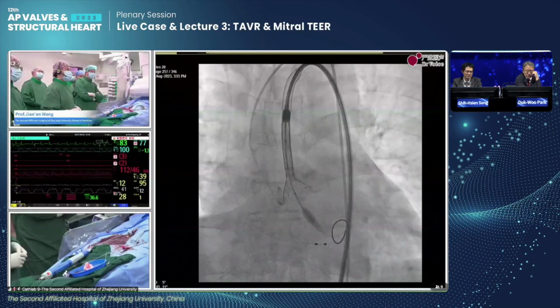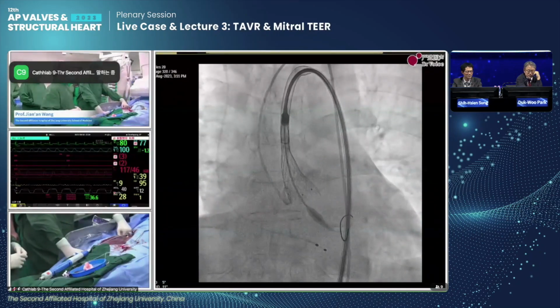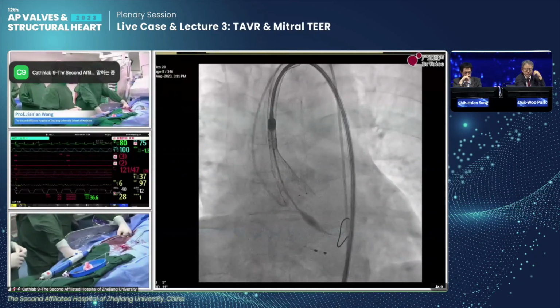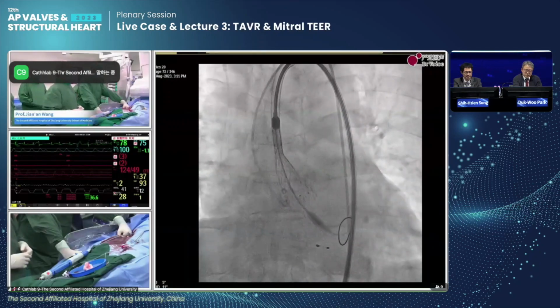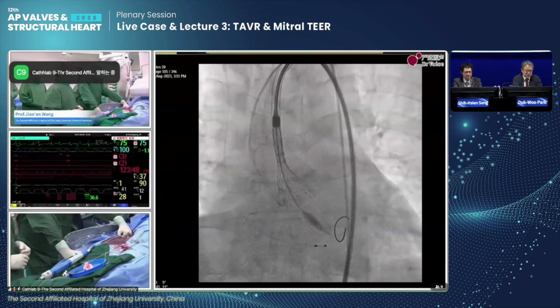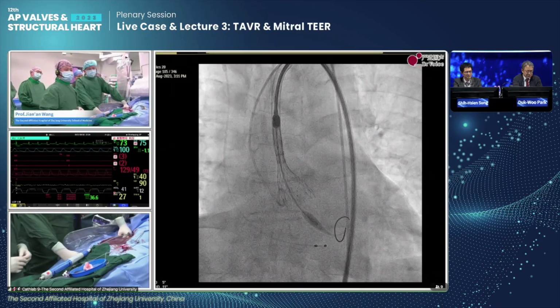Is that the usual practice? Either way we can do either partial or full retrieval. Because it's only several millimeters of difference, we like to do the partial retrieval.